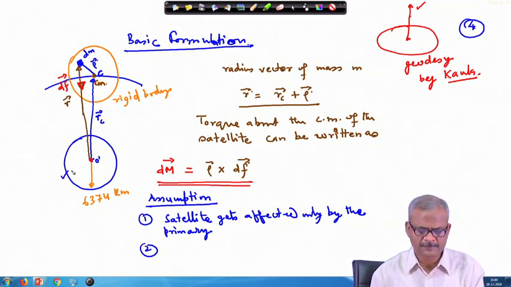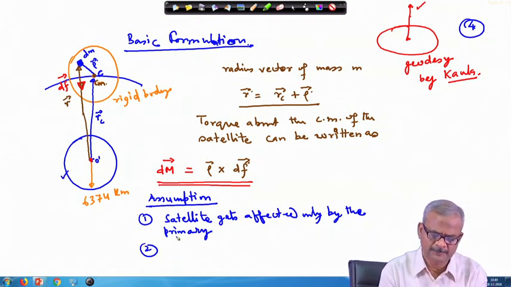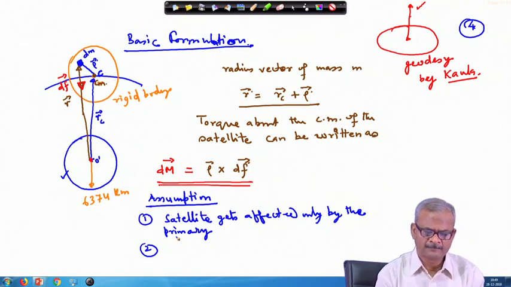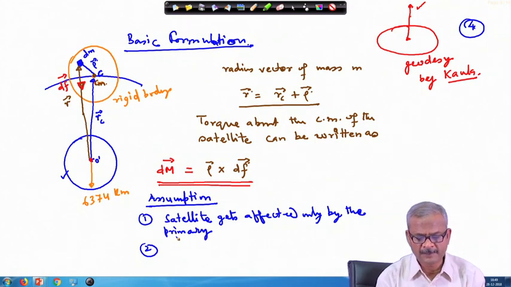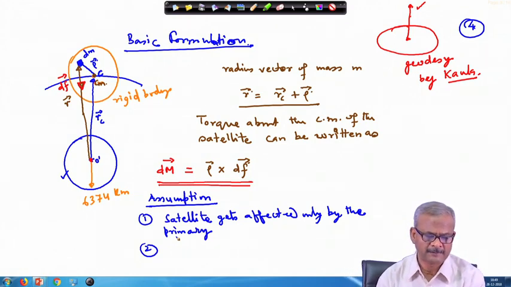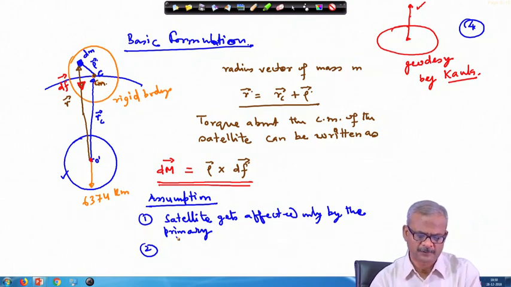There is the Moon also, but the Moon's consideration we will not take, and the Sun is also present. If we are trying to do very accurate propagation of the satellite orbit, then the perturbation due to the Moon, Sun and various other planets is taken, but for attitude dynamics it is not required.